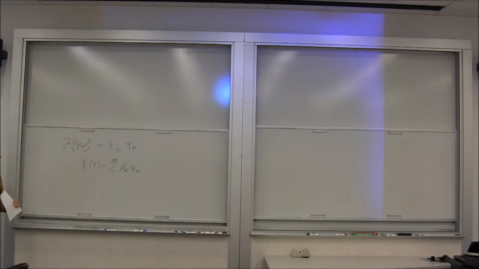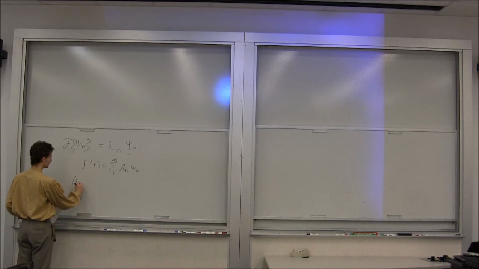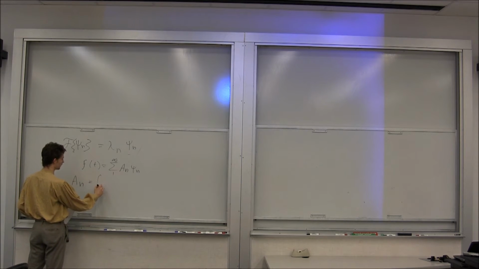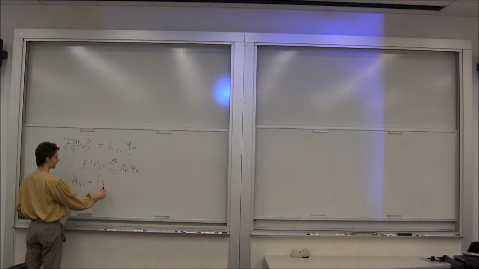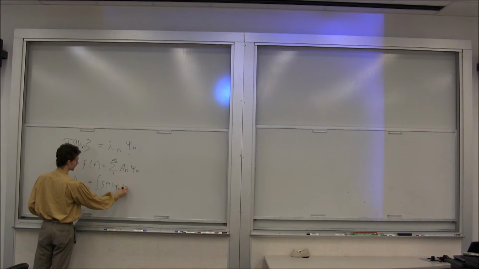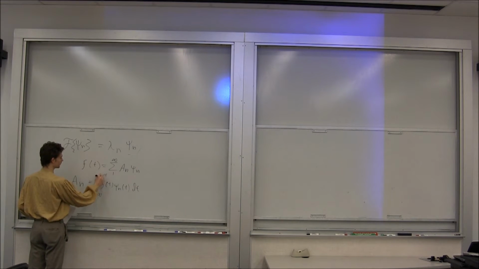Because they're orthogonal, we can extract a sub n purely by taking the inner product. So that's f of t times psi sub n of t dt from minus infinity to infinity.